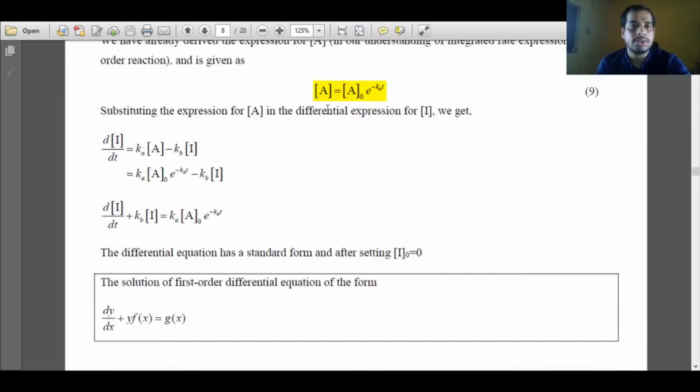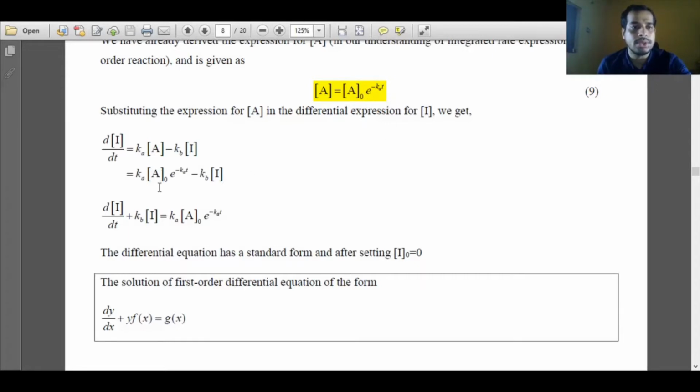Now we will obtain an expression for intermediate I at any time t. For that we have to use the rate law expression for intermediate I and integrate it. The rate law expression for intermediate I is Ka A minus Kb I. Instead of A, I will substitute my equation 9, that is A0 e to the power minus Ka t.